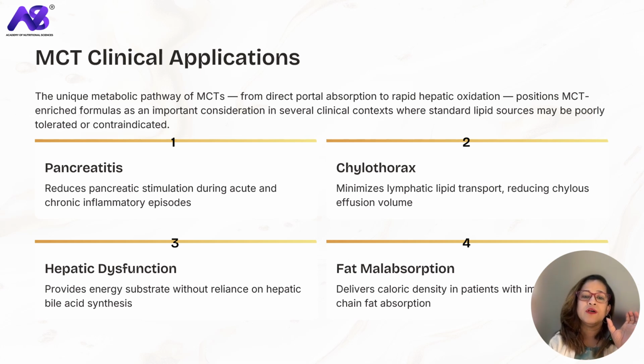You can use MCT oils or MCTs in powder form, oil form, various forms, or the formula itself will have MCT as a source of fat. So you can choose your cases: cystic fibrosis, short bowel syndrome, pancreatitis, bile acid deficiency. Okay, these are some of the situations where you should remember that you would want to use MCT as a source of fat.